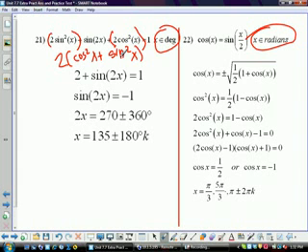And now the whole thing's just 1, so that's where I get this. 2 times 1 is 2. Plus, and then I have the sine of 2x. So that's the same thing as saying sine of 2x equals negative 1.